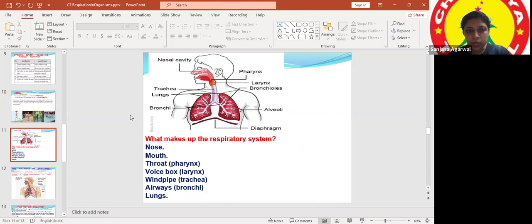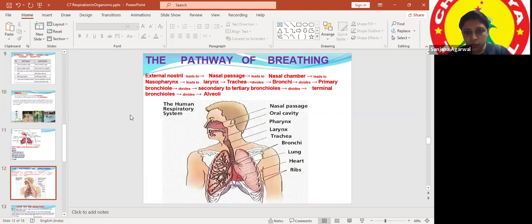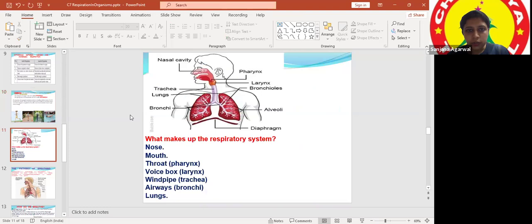Do one thing, draw whichever diagram you find easier: nasal cavity, pharynx, larynx, bronchiole.